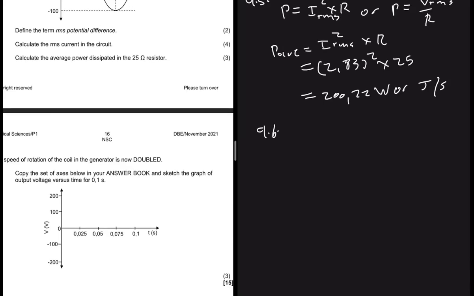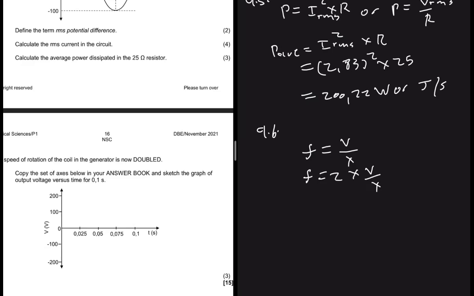So okay, let's do it like this. We know that f is equal to the speed divided by the wavelength, right? Let's see what happens if the speed is doubled, because that's what we are told here, that the speed of the rotation is doubled.